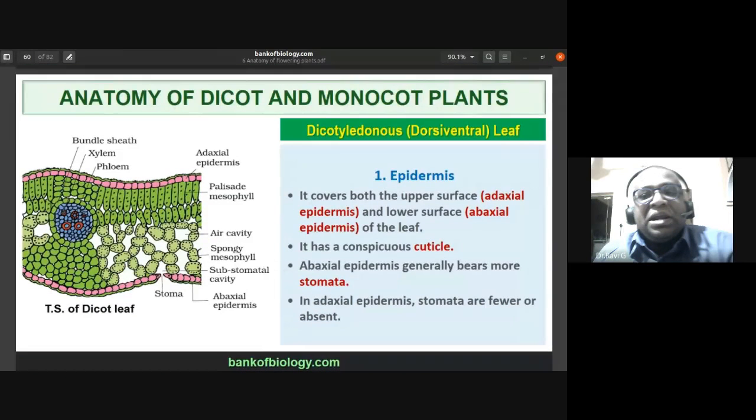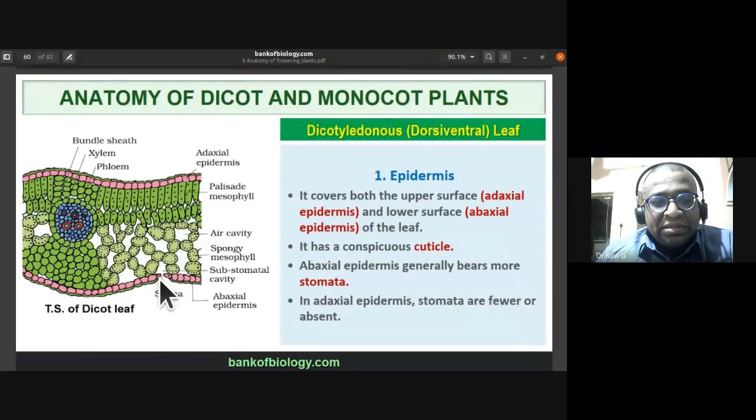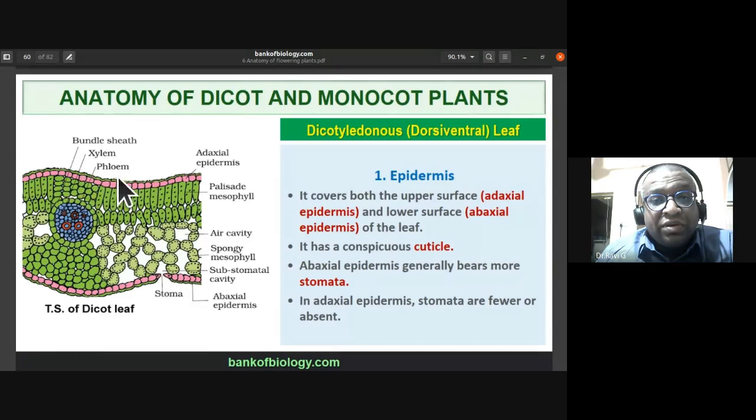The epidermis covers the upper surface, which we call the adaxial epidermis, and the lower surface, which we call the abaxial epidermis of the leaf. The leaf has a conspicuous, thick layer of cuticle on both the upper and lower epidermis.